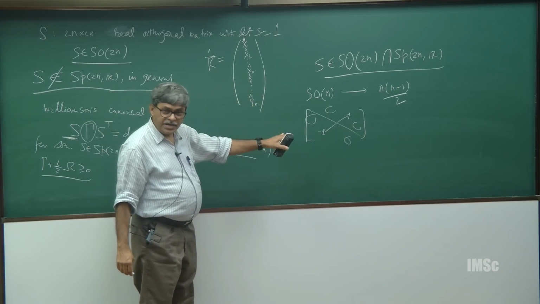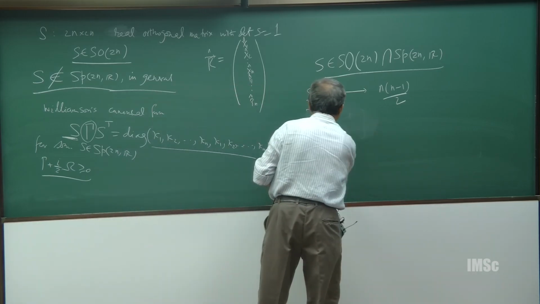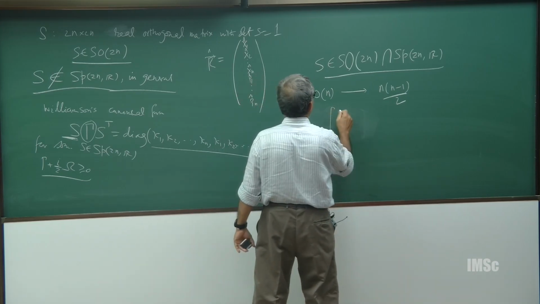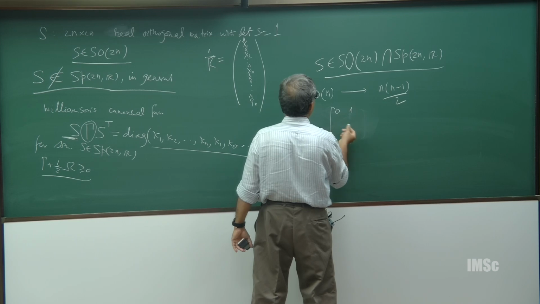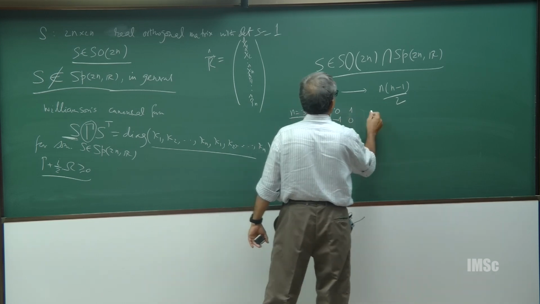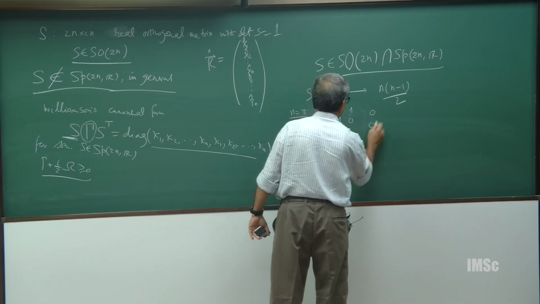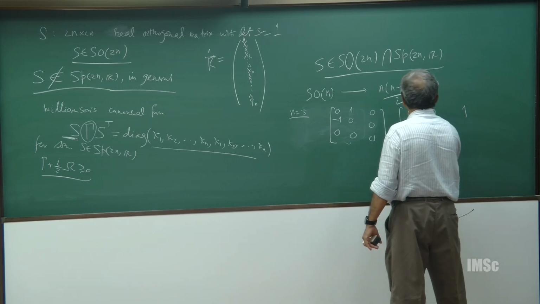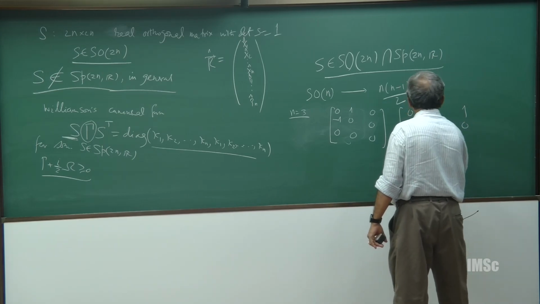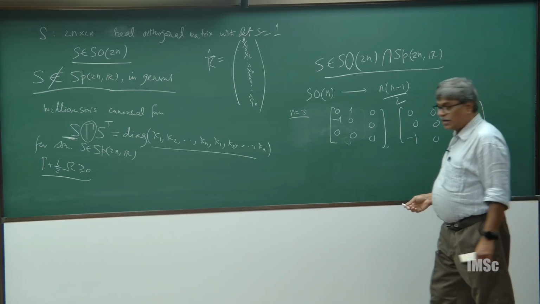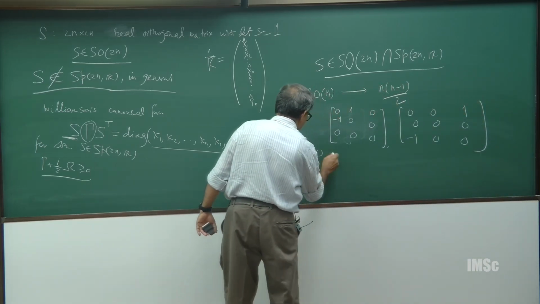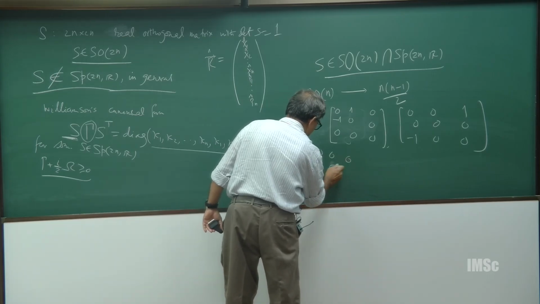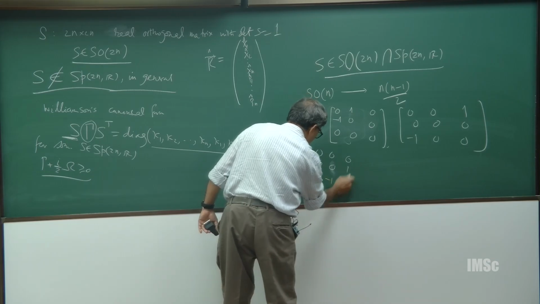So for example, if I take n equal to 3, then these are the generators: 0, 1, minus 1, 0, and then 0, 0, 0. The second one has 1 in one corner and minus 1 in the reflected position, and the third one is like 0, 0, 1, and then 0, minus 1, 0.